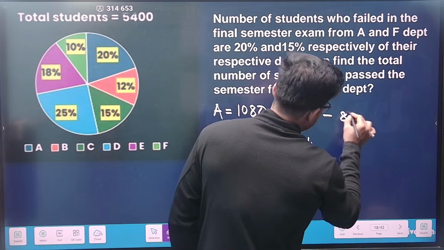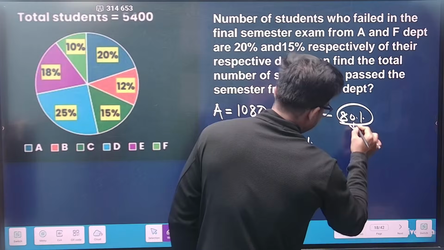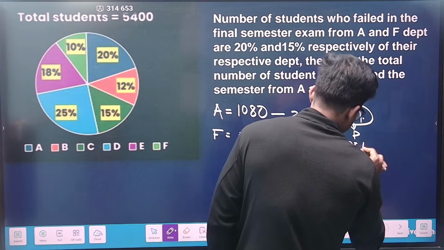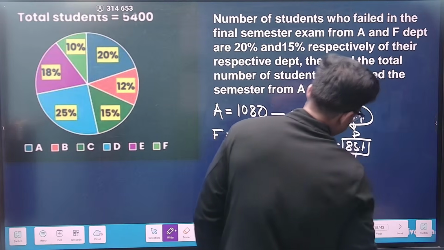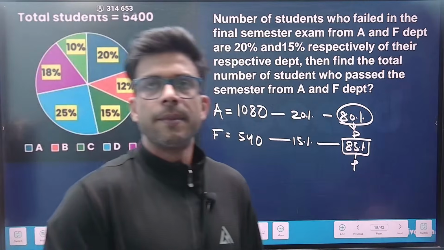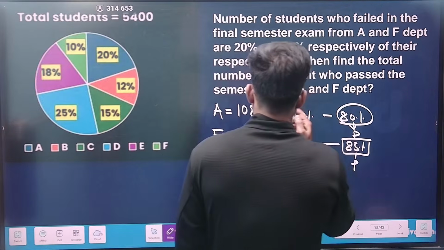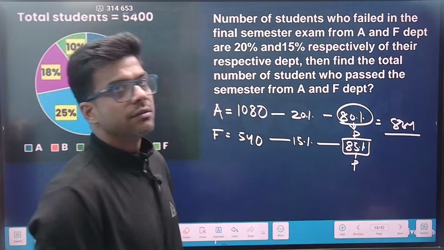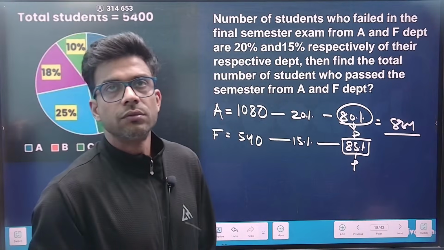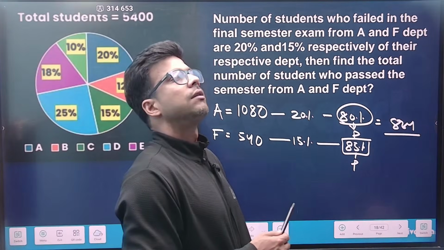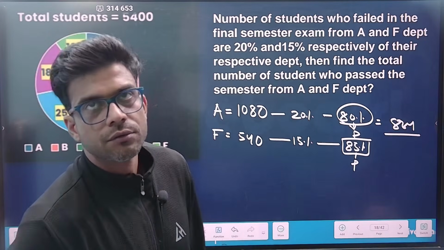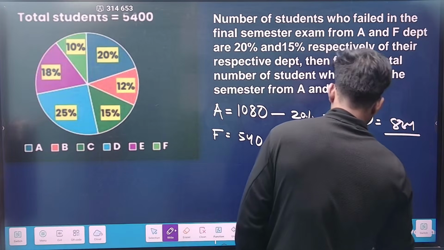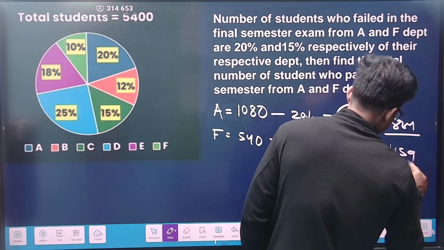So can I say 80% passed, and from here, 85% passed. 80% is basically 864. And 85% is 459 approximately.